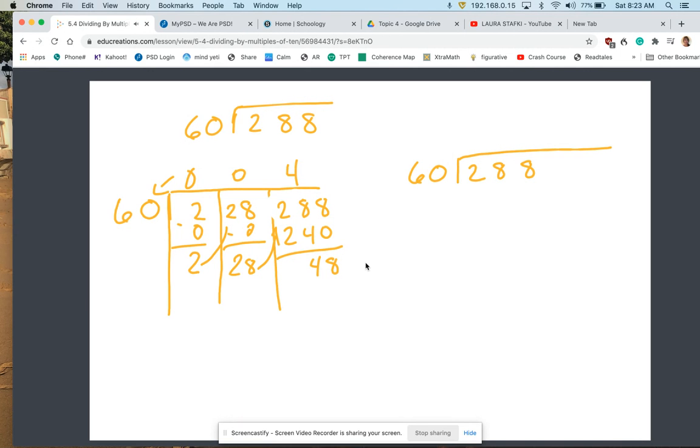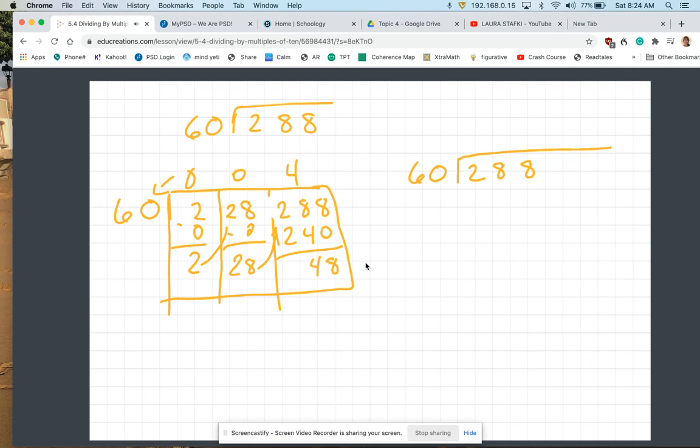It's just a different way to look at it. A lot of kids like the box method because it's a little tidier. It's a little easier to keep track of what you're doing. I would recommend using graph paper or lined paper sideways so you can keep your place value columns.